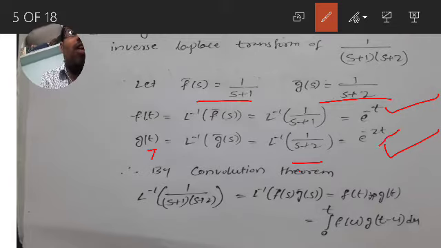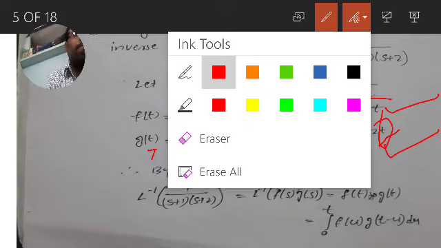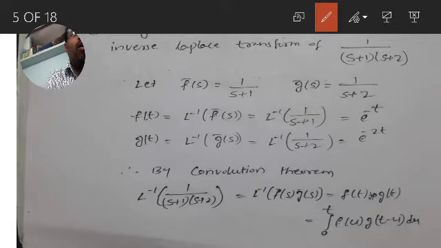It becomes e power of minus 2 into t minus u. That is your answer. So you got f of t and you got g of t.